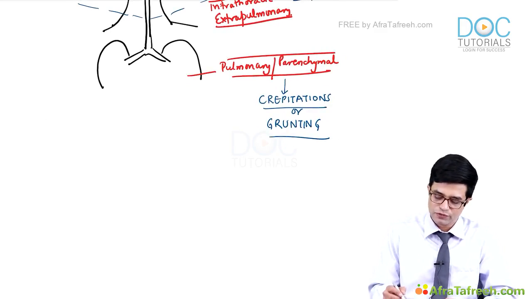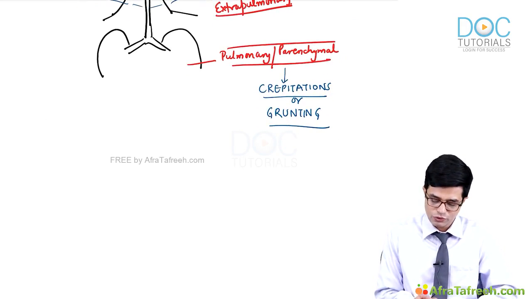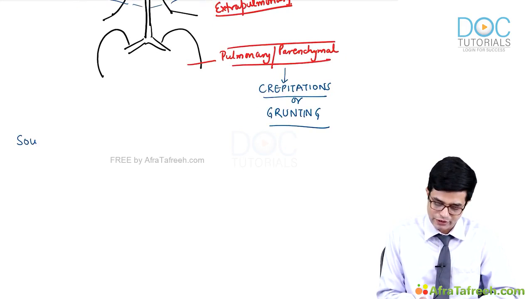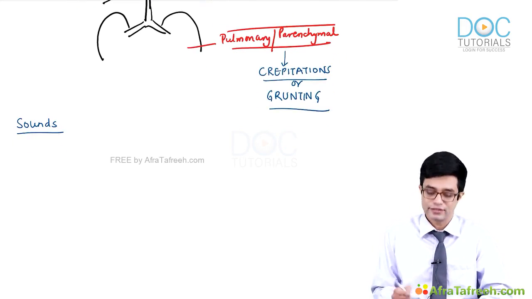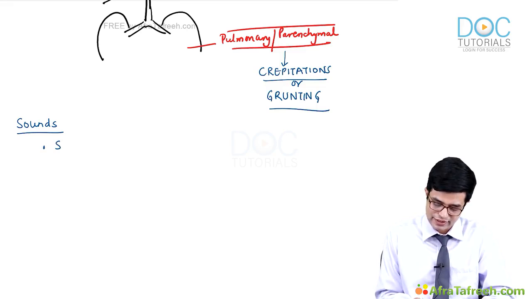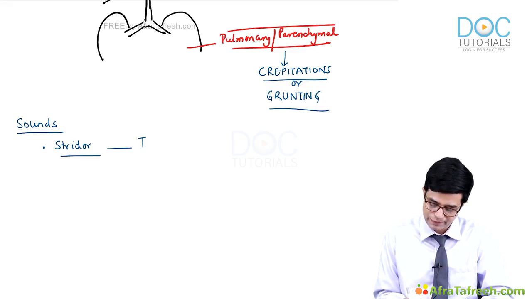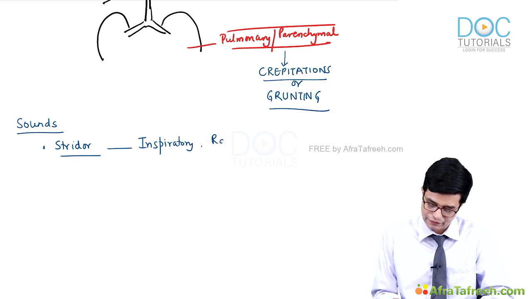Now before we move to individual diseases, there are a few sounds in the respiratory tract that we need to remember. What are the sounds and what are the key things that you need to remember? First thing is stridor. Stridor is usually an inspiratory sound. Rarely it can be biphasic, meaning both inspiratory and expiratory.